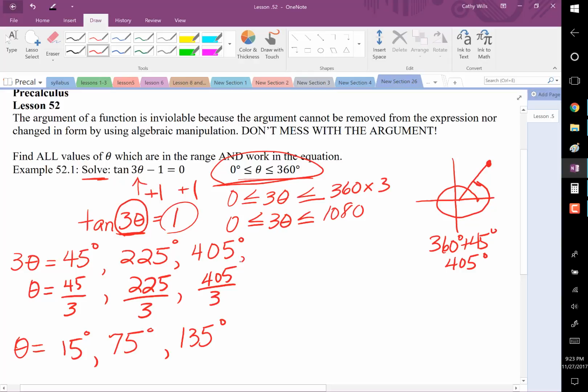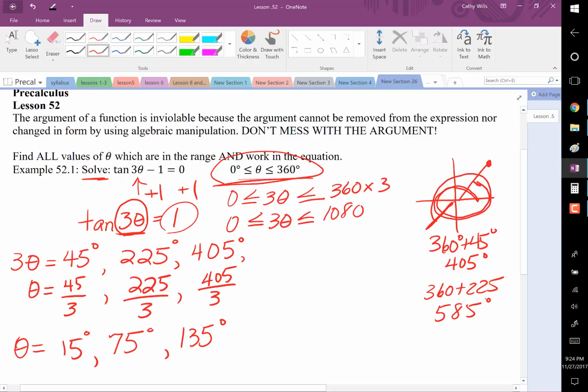All right, let's spin around to the other place, which was 225, this 45-degree angle in the third quadrant. So if I spun all the way around the circle and then went all the way around to there again, that would be 360 plus 225, which is going to be 585.